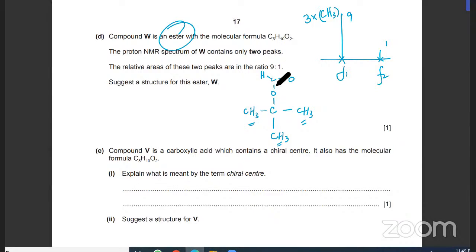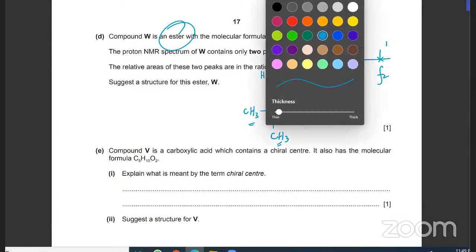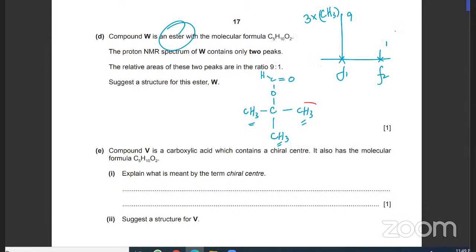So that's about it. That's the only ester that's possible. So 1 hydrogen in a different environment and 9 hydrogens in the same environment. So the ester will have hydrogen protons with the relative height of 9:1.